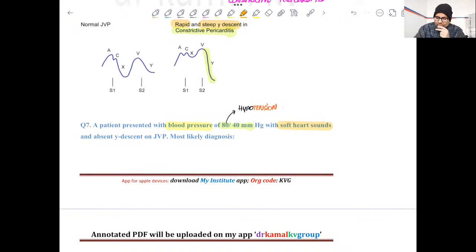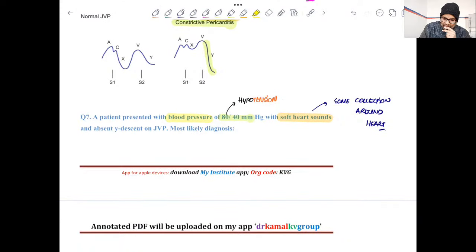It means there is some collection around the heart, and we know that the collection can be blood or it can be fluid. It's a bad conductor of sound, and therefore the heart sounds are not heard clearly, right? And third, absent Y descent on jugular venous pulse.